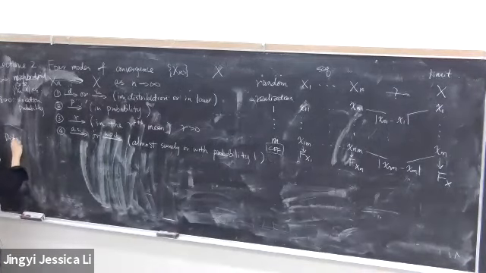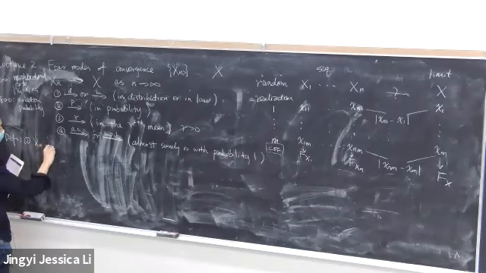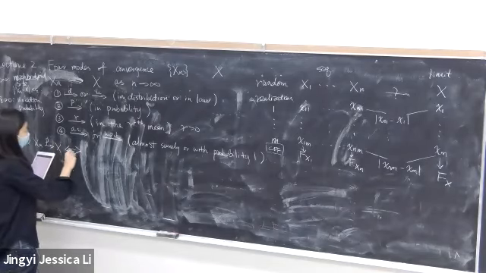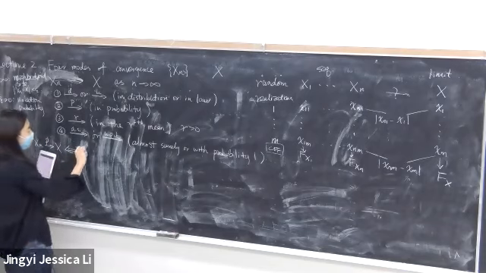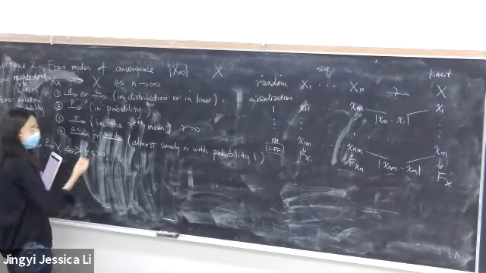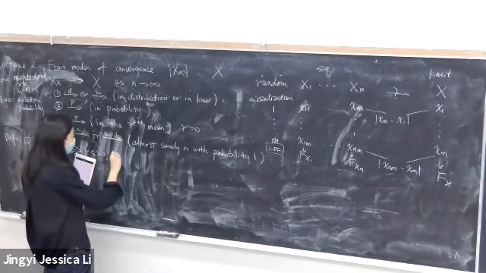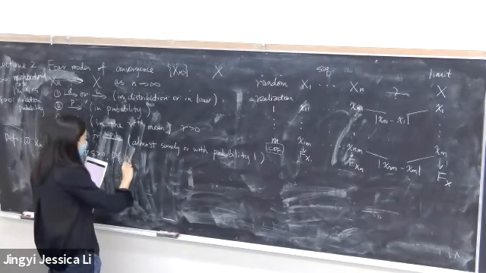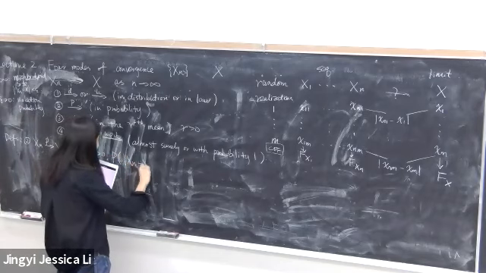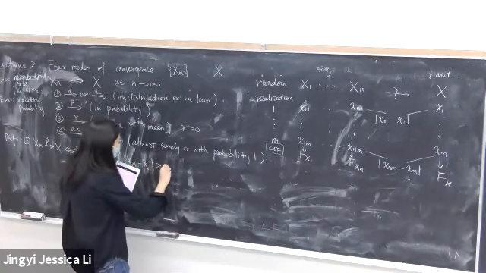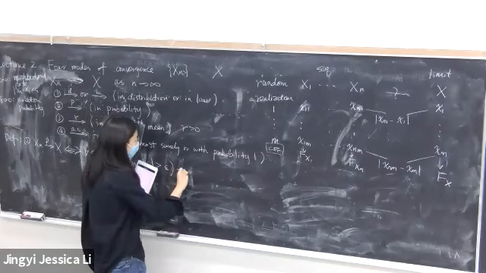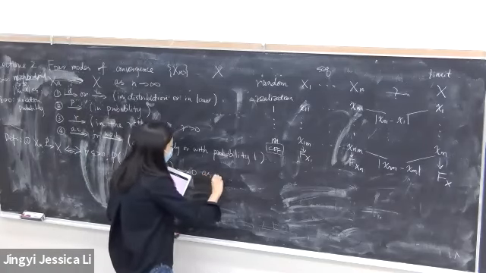Okay, so what do we have? Second, convergence in probability. The formal definition says that we have convergence in probability if for any epsilon greater than 0, the probability that xn minus x greater than epsilon converges to 0 as n goes to infinity.